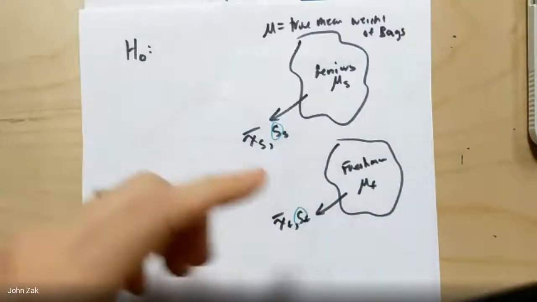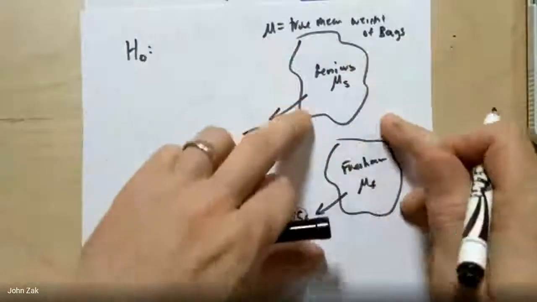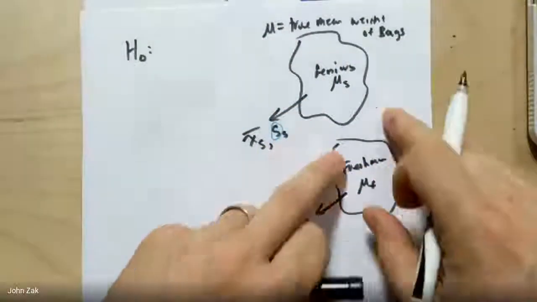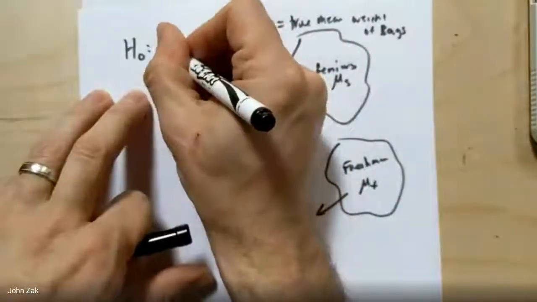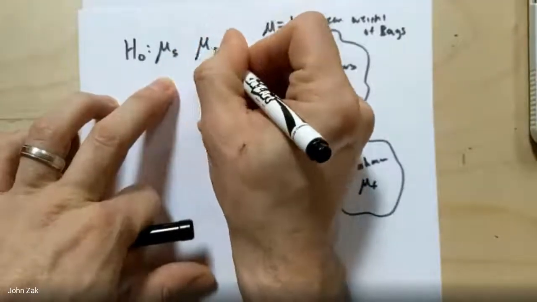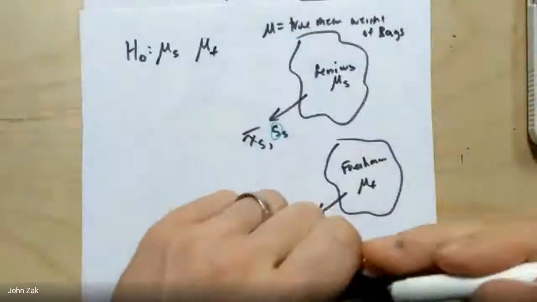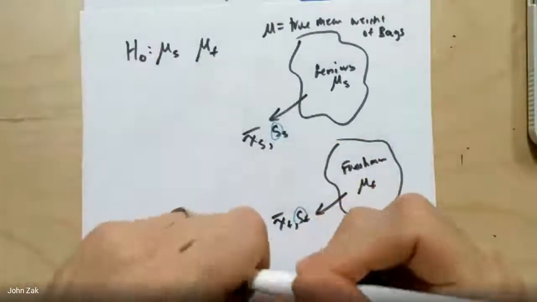Now, all right, our null hypothesis. You can probably guess what will be our null hypothesis between seniors and freshmen about the average weight of their book bags. We're going to say the average weight of a senior's book bag is what compared to the average weight of a freshman's book bag? What symbol will we connect these two with? You guys know.